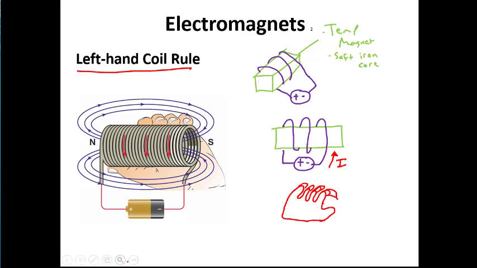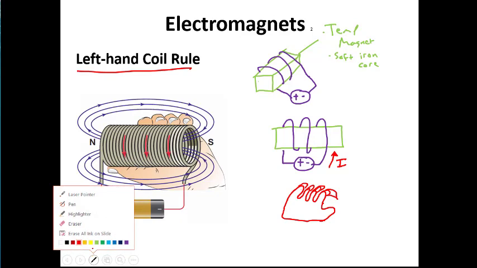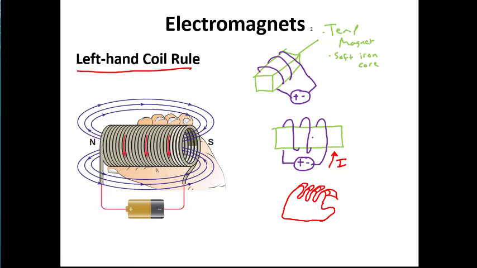Okay, and so then what we do is we take our fingers and we wrap them around the bar. So in this case, here is our bar. And there's some better graphics of this in the book.